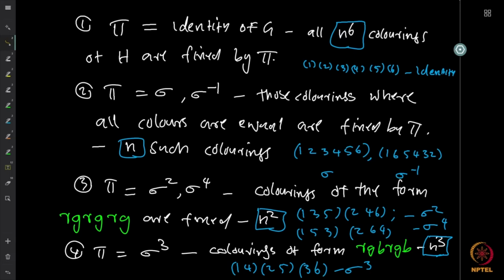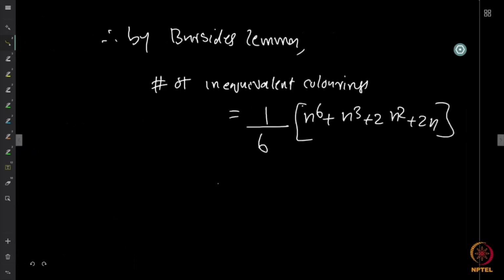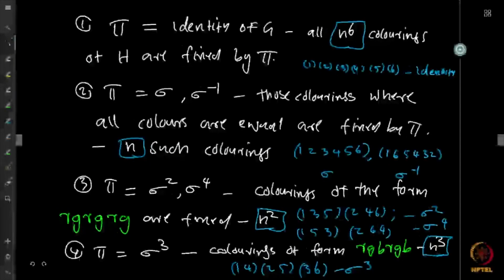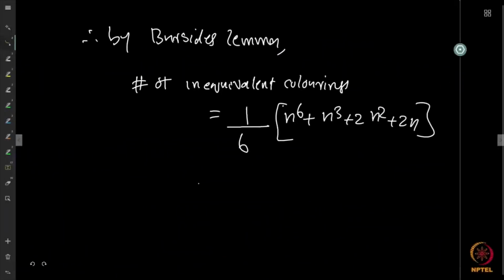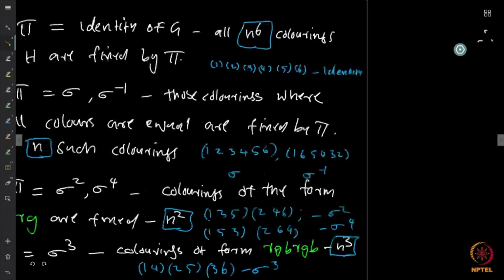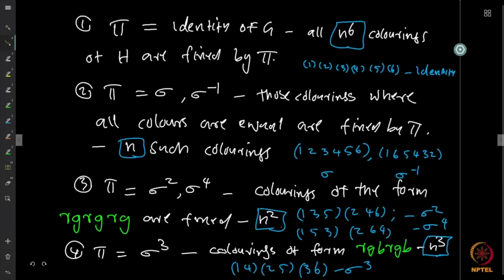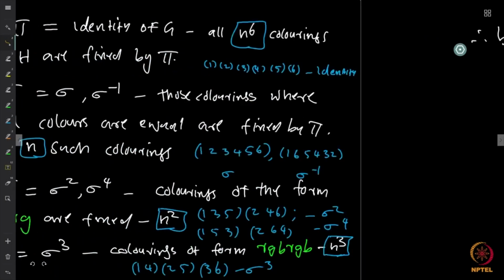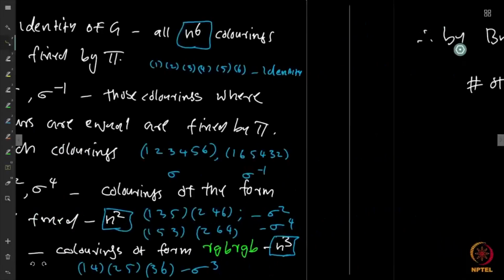So therefore, we can now apply Burnside's lemma. So let us do 1 by 6 into n raised to 6 colorings fixed by the identity, n raised to 3 colorings fixed by sigma cube, then n square colorings fixed by each of sigma square and sigma raised to 4, and n colorings fixed by each of sigma and sigma inverse, right?